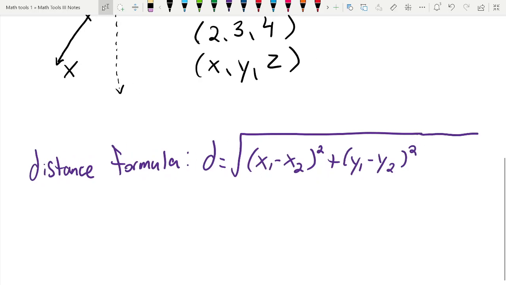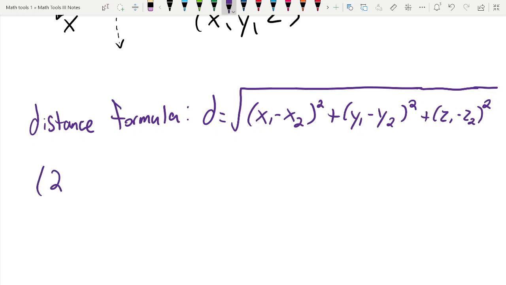And now we add on this extra part, plus (z1 minus z2) squared. So that's all. We just add in this extra component here. So basically we just add on the distance between the two z components.